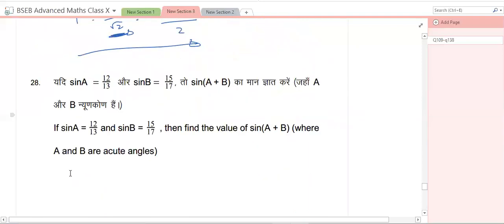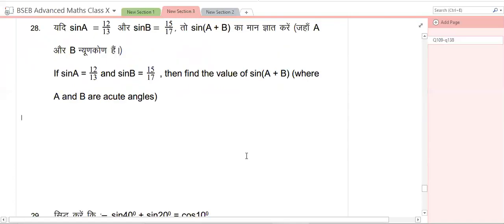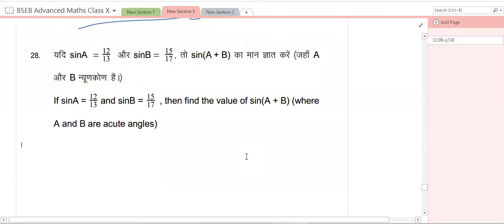Solving question number 28. If sine A is equal to 12 over 13 and sine B is equal to 15 over 17, find the value of sine A plus B, where A and B are acute angles. Again, we have come across a similar problem before. So we can draw two triangles. Sine A is opposite 12, hypotenuse 13.